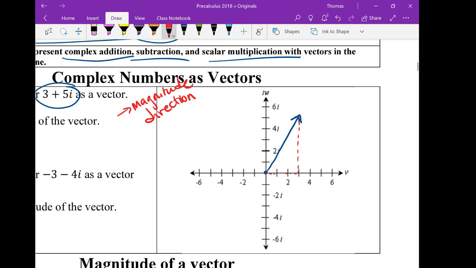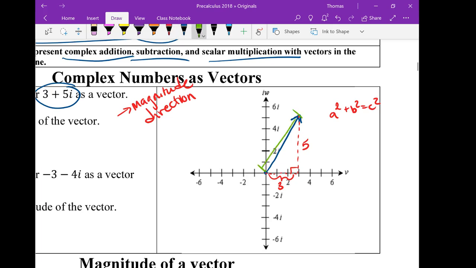We could draw a right triangle, and we know its side lengths. One side length is 5, and the side length down here is 3. If we know two sides of a right triangle, we can use the Pythagorean theorem, a squared plus b squared equals c squared, to solve for the missing side, or the length of this piece.